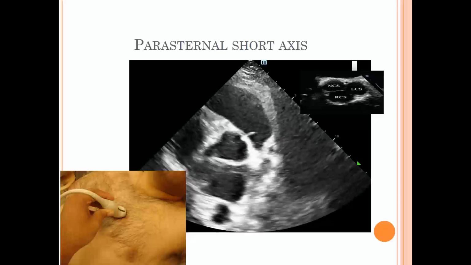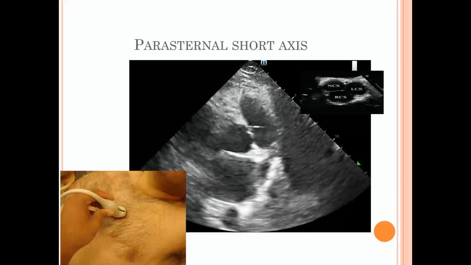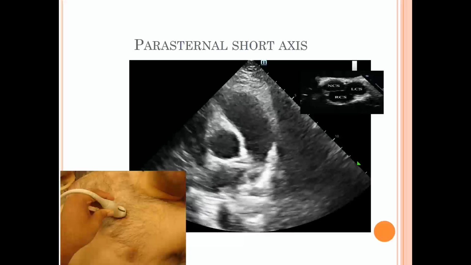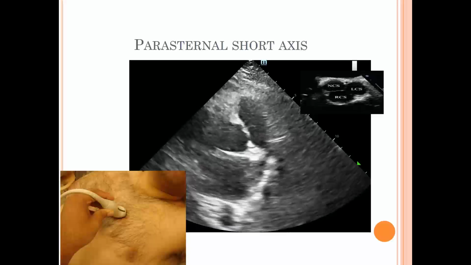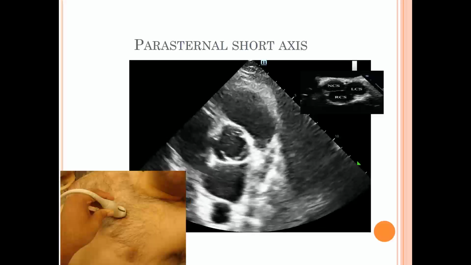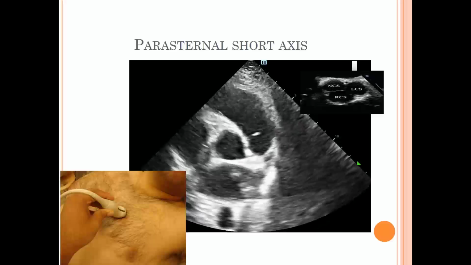If we clarify the view, we can see the tricuspid valve as well, and the interatrial septum, where we can see the two atria, with the left atrium on the right side of the screen and the right atrium on the left side of the screen.